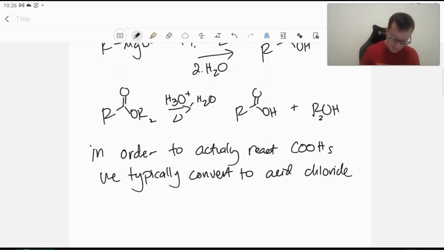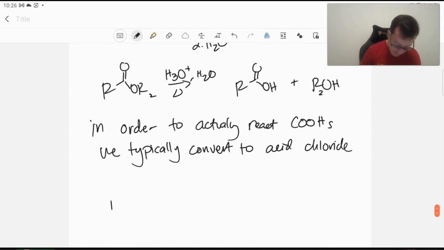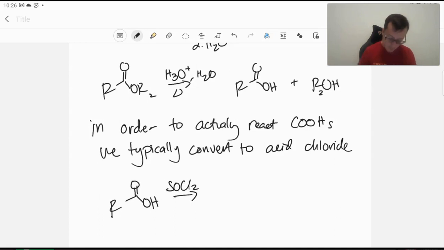And this is done using thionyl chloride. SOCl2 will give you your acid halide.